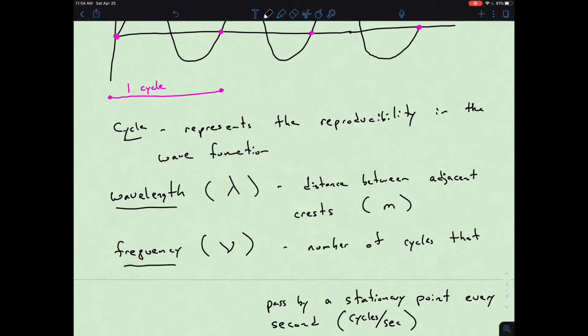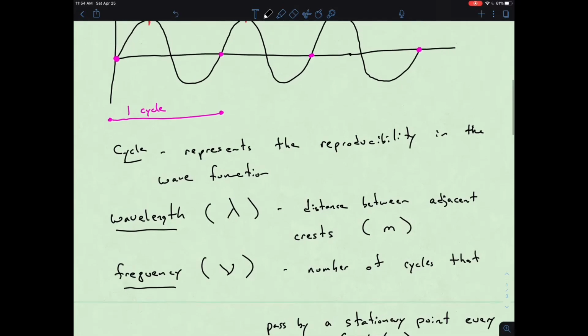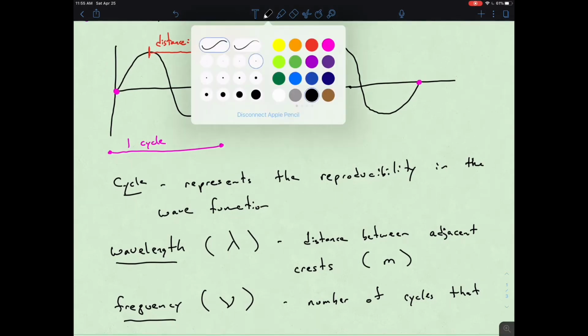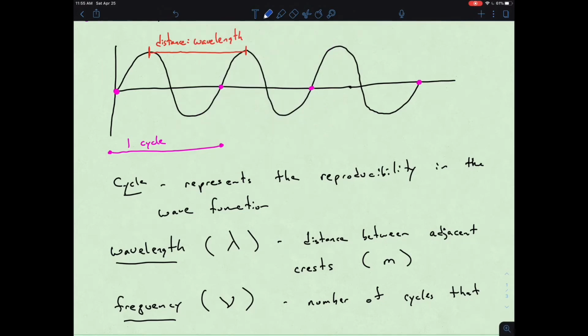If we go back up to the wave function and get a notion of frequency, we could say that here is a stationary point. And we have to think of this wave function now as being active and moving.